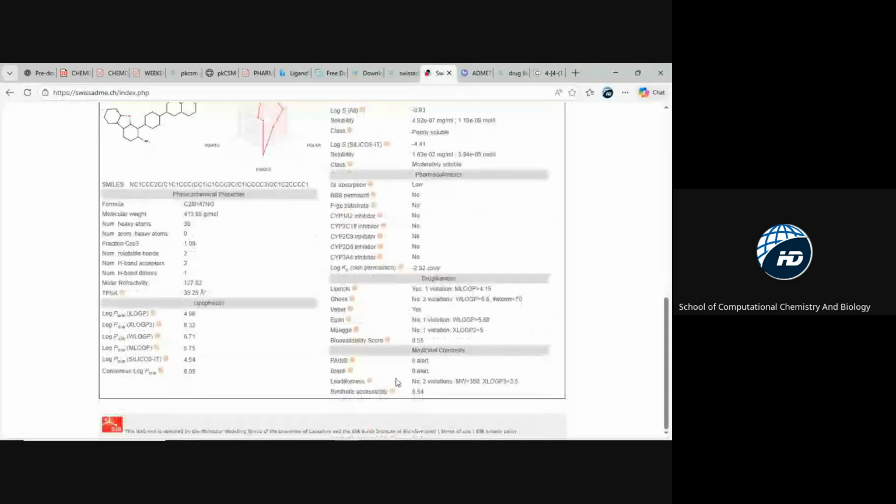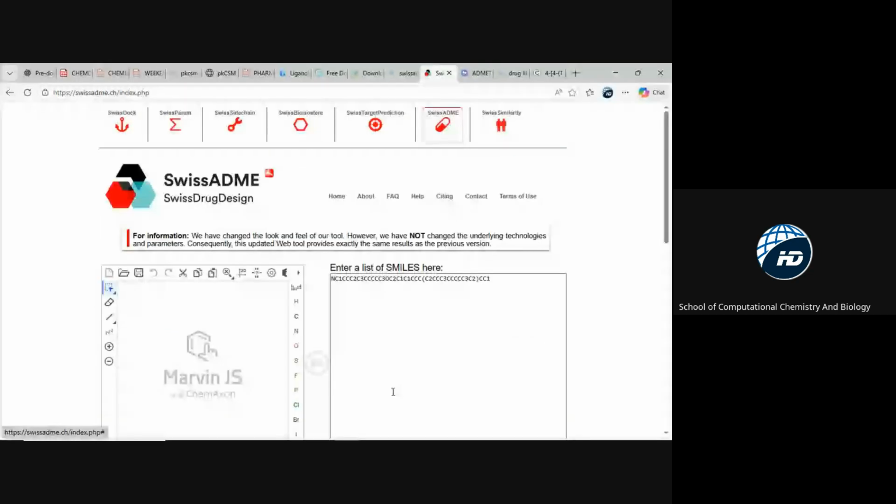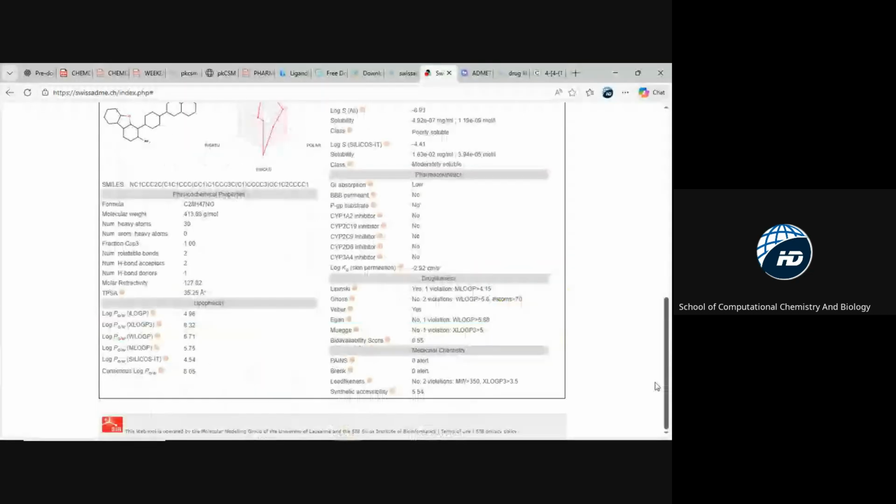It's 5.54. The synthetic accessibility ranges from 1, which is easy, to 10, which is difficult. So 5.5 is average.